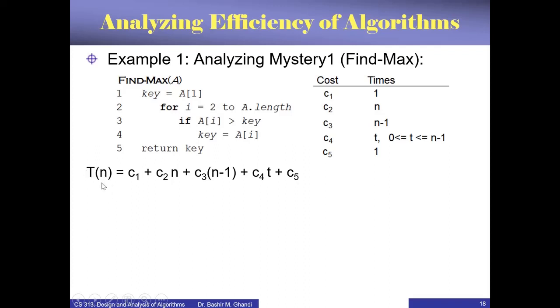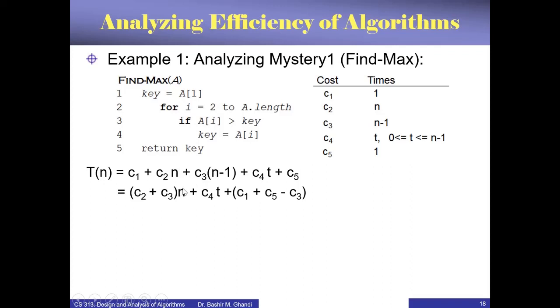Okay, so our T(n) is going to be C1 times 1, which is C1, plus C2 times n, so C2n, plus C3 times n minus 1, plus C4 times t, plus C5. So obviously we can collect the like terms and try to see if we can simplify the running time function. There are two terms involving n, C2n and C3n.